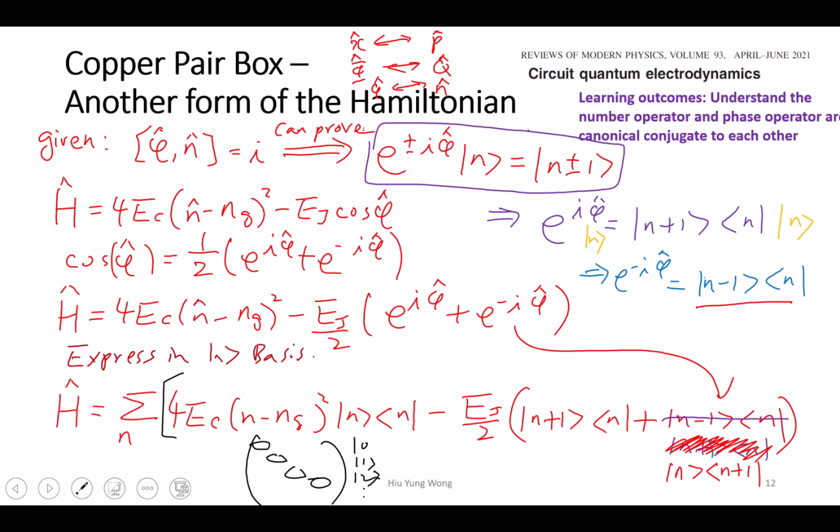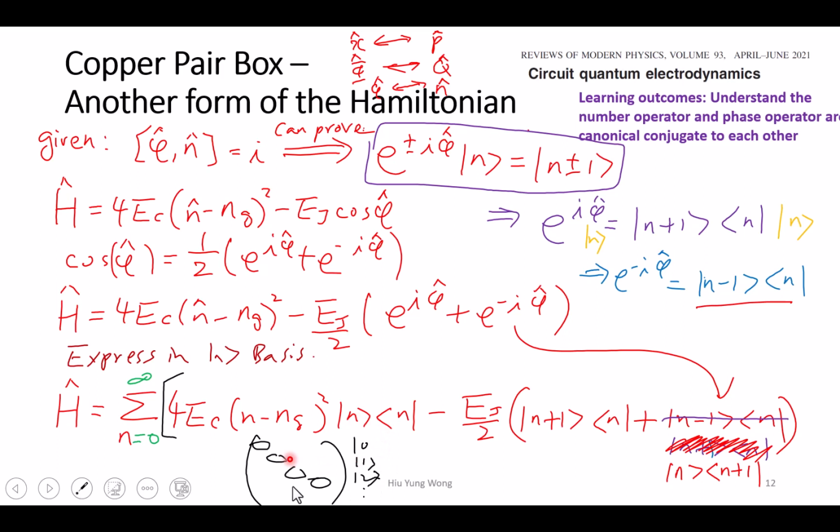So are you okay with this formalism? I mean this equation. Let's look at it a little bit carefully. N starts from 0 to infinity. So what does it mean? I express it in the eigenstate basis of n, so for 0, 0 the energy is 4EC times 0 minus NG squared.